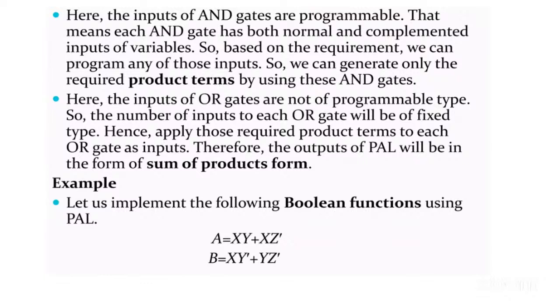Example: let us implement the following Boolean functions using PAL. A is equal to xy plus xz prime, that is the complement of z, and B is equal to xy bar plus yz bar.